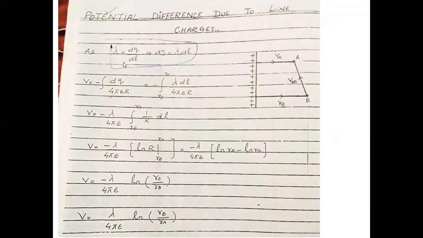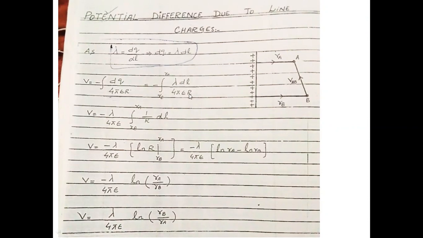So now we will introduce line charges, the same as we did previously in electric field intensity. Lambda is equal to dq over dl, so dq is equal to lambda dl. By the formula, minus the integral of dq over 4 pi epsilon r, replacing dq by lambda dl because we have line charges.